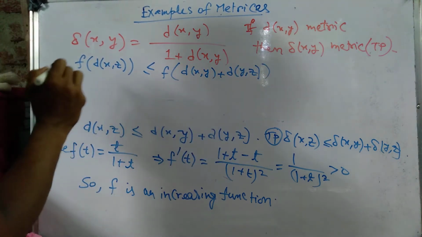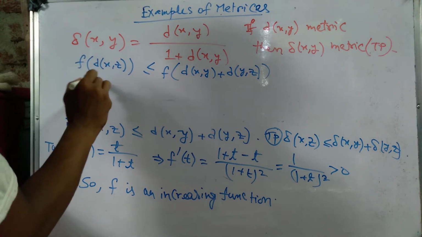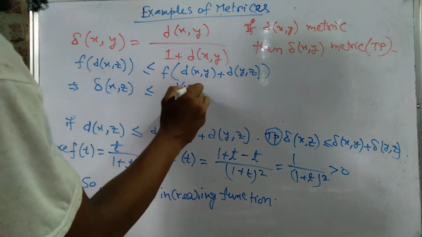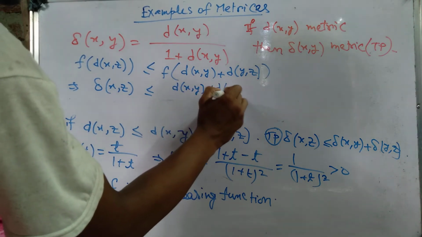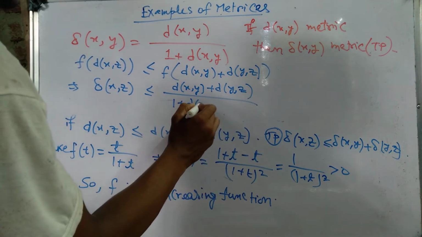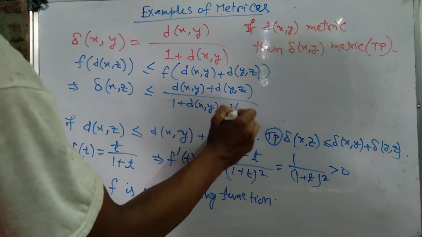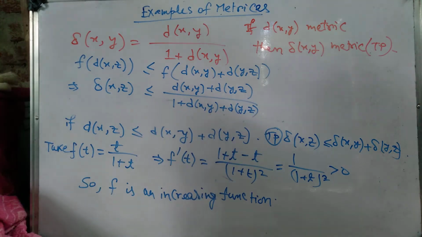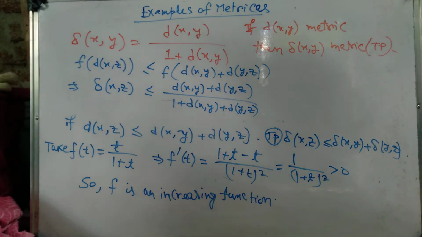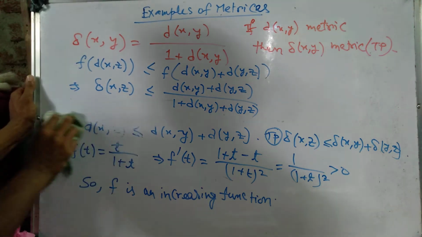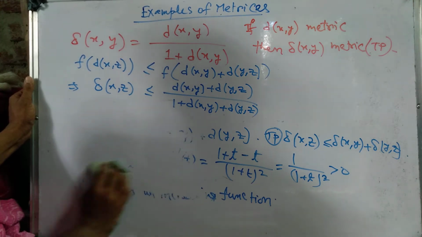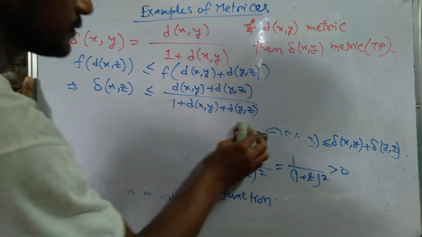This implies that delta(x,z) is less than or equal to d(x,y) plus d(y,z) by 1 plus d(x,y) plus d(y,z). Since f is an increasing function, this one is done.